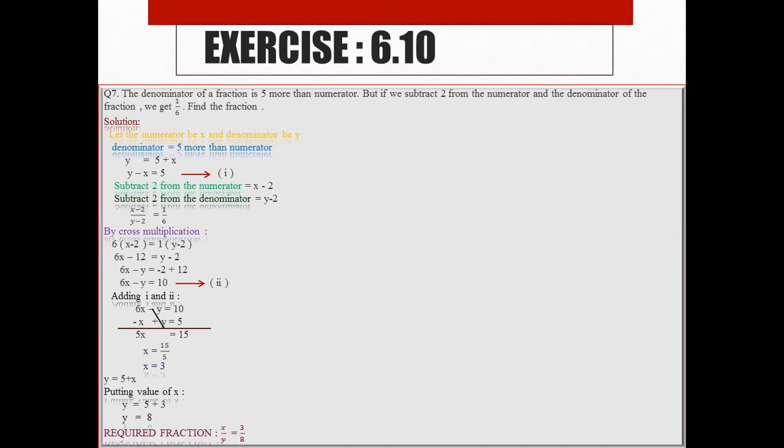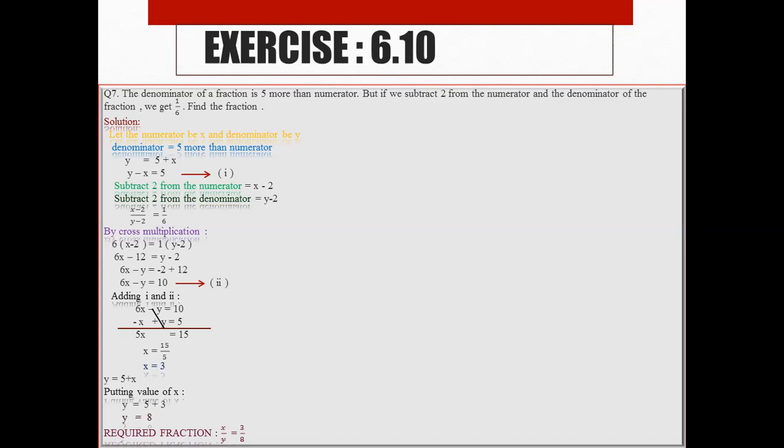The other condition is if we subtract 2 from the numerator and the denominator. It means at a time we subtract 2 from x and also 2 from y, because we supposed that the numerator is x and the denominator is y. Numerator x minus 2 and denominator y minus 2.